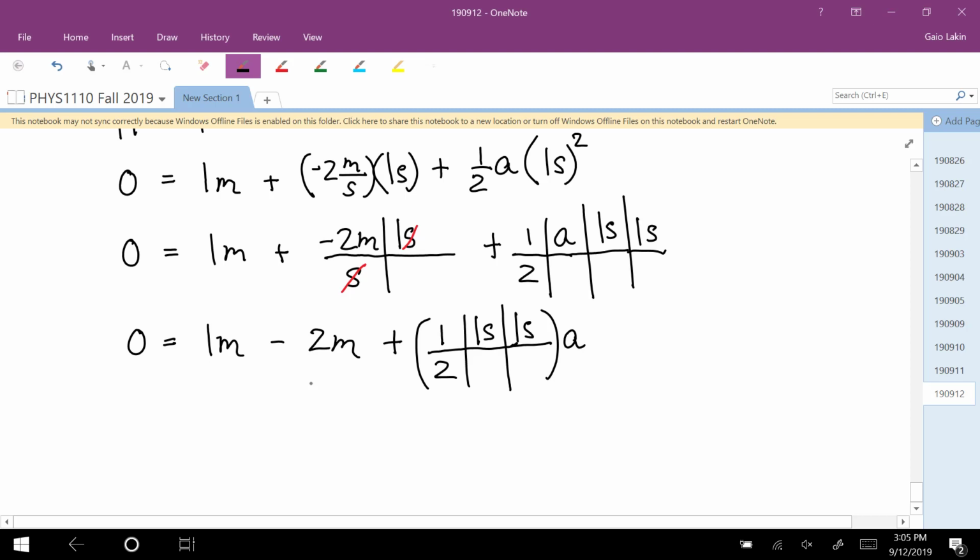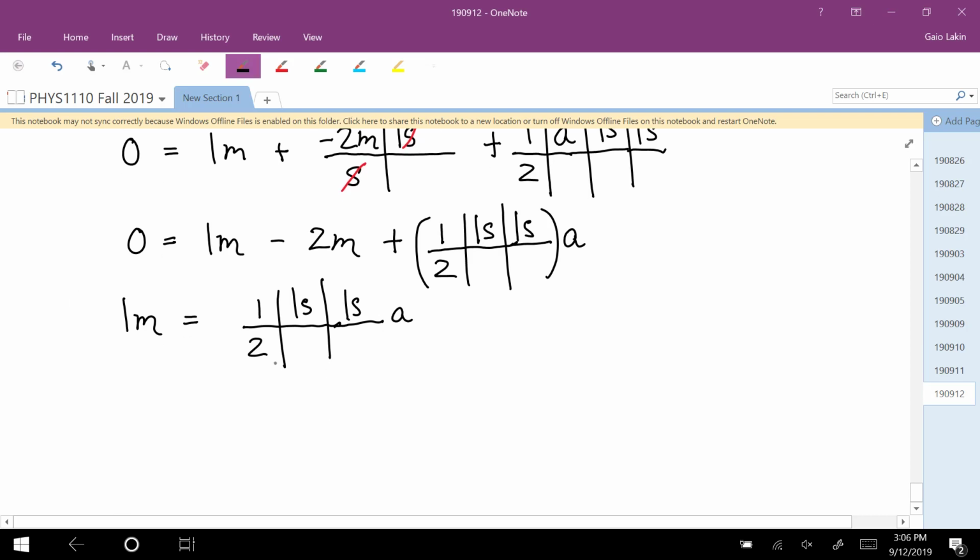And then I'm going to move that over to the other side, or add 1 meter to both sides. So we get +1 meter is equal to 1 over 2 times 1 second times 1 second times A. And the last step is to get A by itself. We're going to multiply both sides by the reciprocal of all this stuff multiplied to A. That's dividing by it.